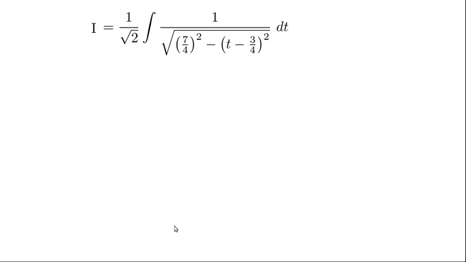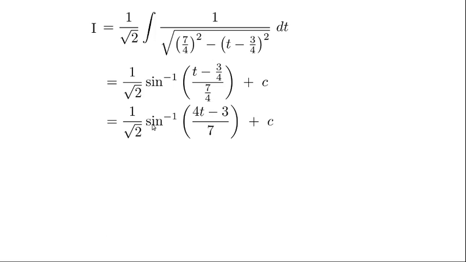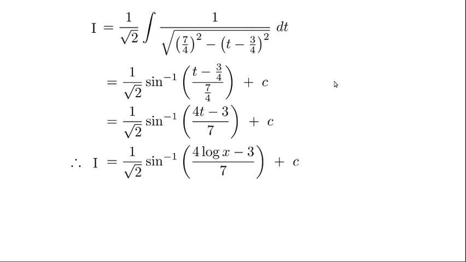So the result is 1 by root 2 sine inverse of x part, that is t minus 3 by 4 upon 7 by 4. So that becomes 1 by root 2 sine inverse of 4t minus 3 upon 7, plus c. Now we substitute back the value of t. So it becomes 1 by root 2 sine inverse of 4 log x minus 3 upon 7, plus c. That is, the value of t is log x.